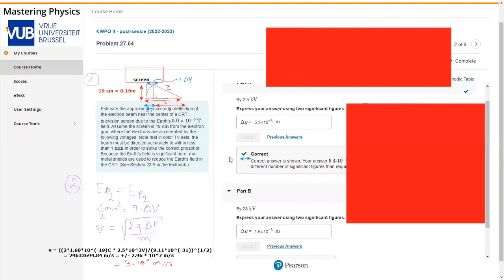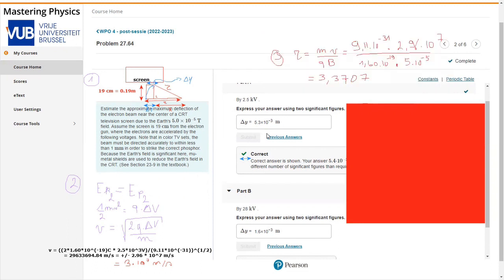Before I go further, don't forget to make it this way, not using this, but this. Okay, second one. The third one is a little bit the same formula as the previous exercise.